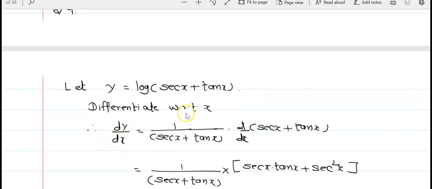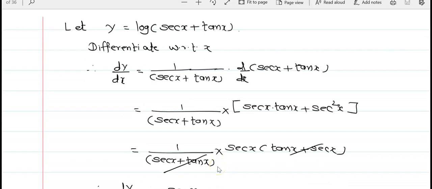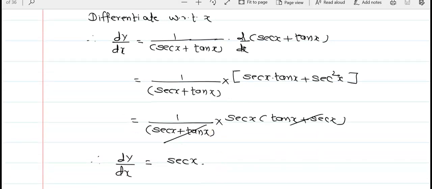Therefore, dy by dx is equal to 1 upon in bracket sec x plus tan x into d by dx of sec x plus tan x. 1 upon sec x plus tan x into the derivative of sec x, which is sec x into tan x, plus the derivative of tan x, which is sec square x. Now we can take sec x common from these two, and that's why in bracket you will get sec x plus tan x, and from the numerator and denominator these two terms are the same. Therefore, you will get dy by dx is equal to sec x.